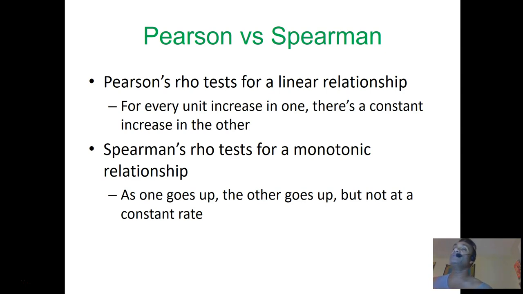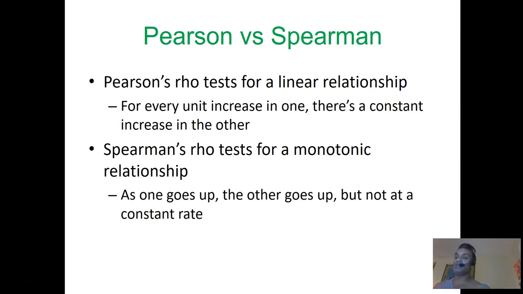Now, I want you to know that with Pearson's test, which is the test of continuous variables, you're essentially saying, is there a straight line? Is there a linear relationship? Meaning, as one goes up, does the other go up the same amount? Whereas Spearman's rho, which tests for the ordinal ranked relationship, tests for what's called a monotonic relationship.